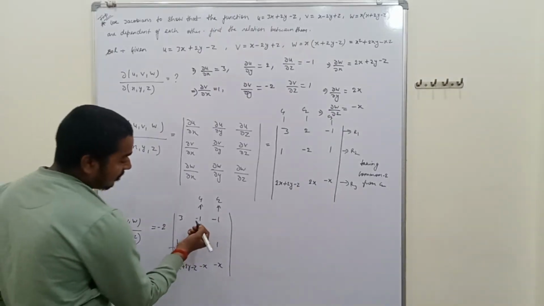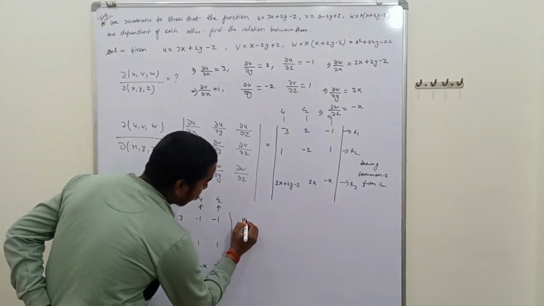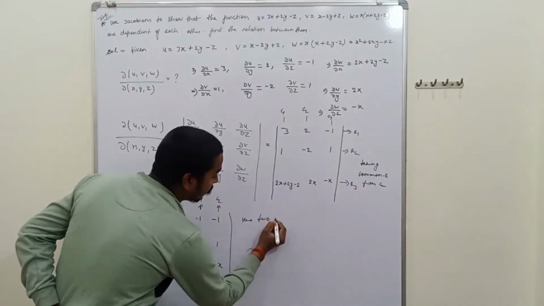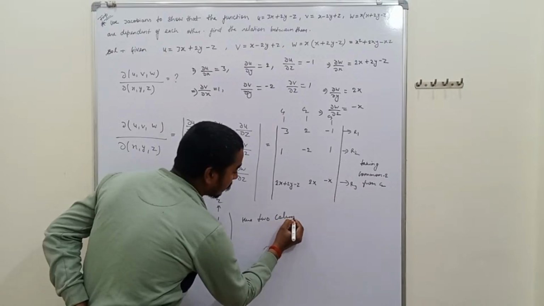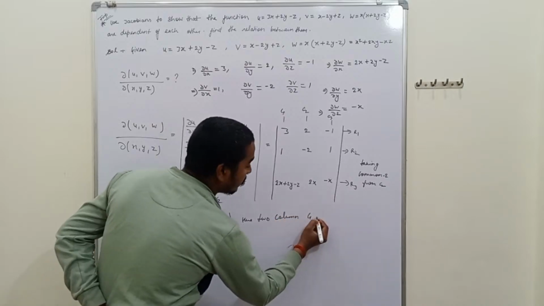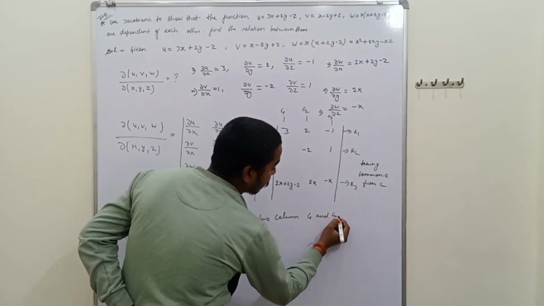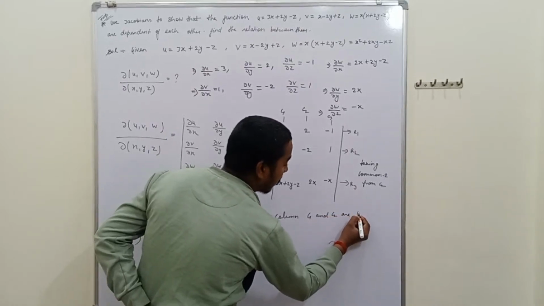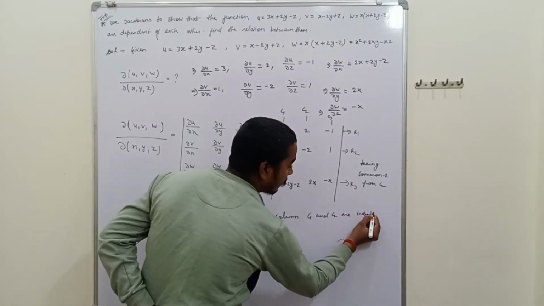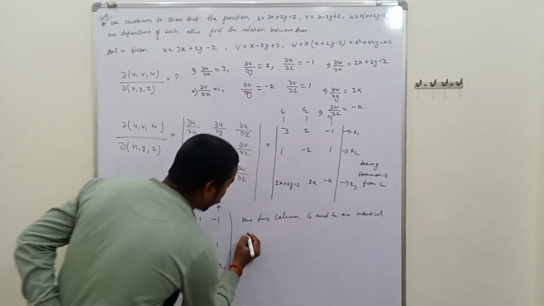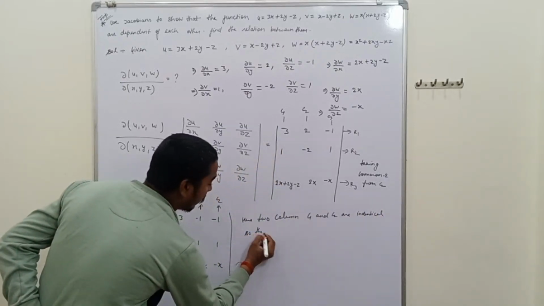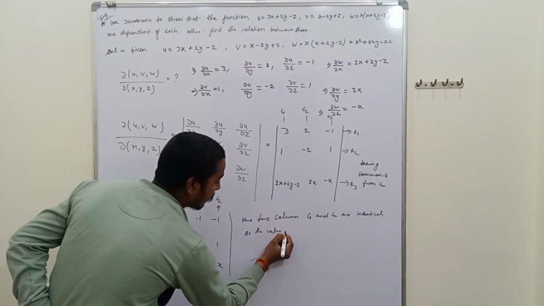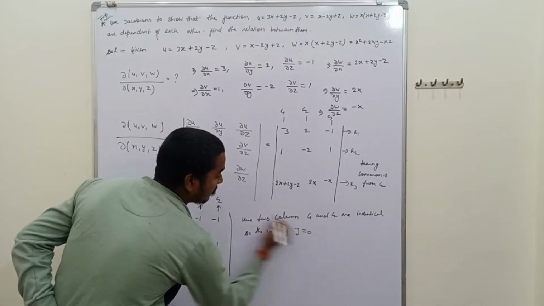So here two columns C1 and C2 are identical, so the value of the Jacobian is 0.